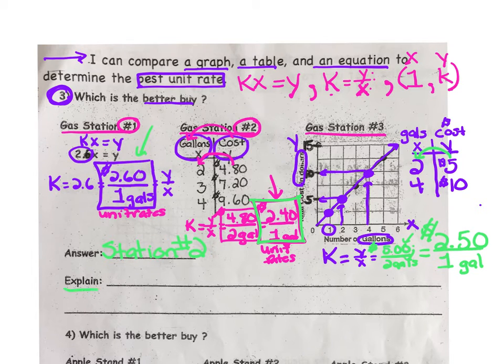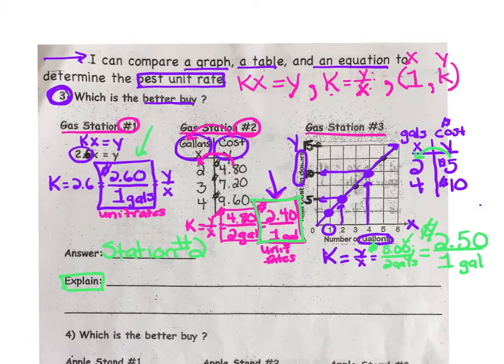Take a moment and explain your work. You want to mention that you found the unit rate for each gas station, and gas station number 2 has the unit rate with the cheapest gas.